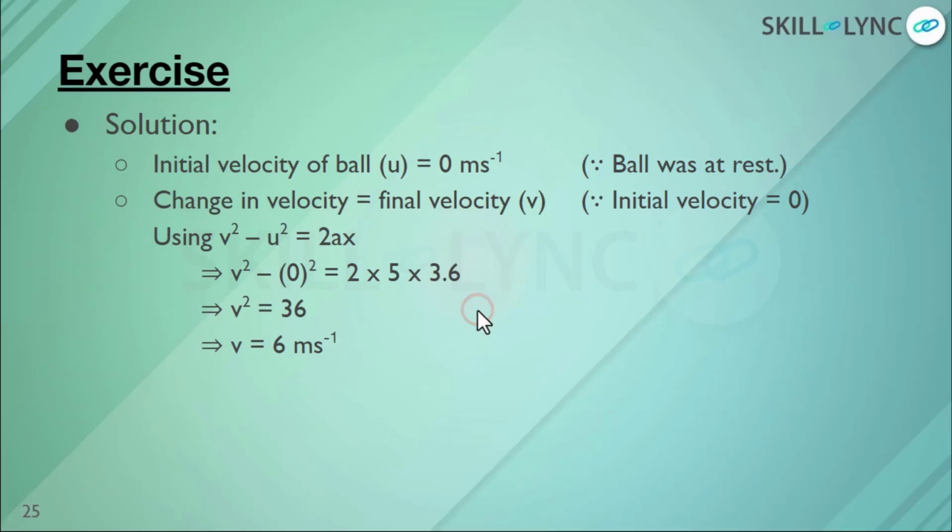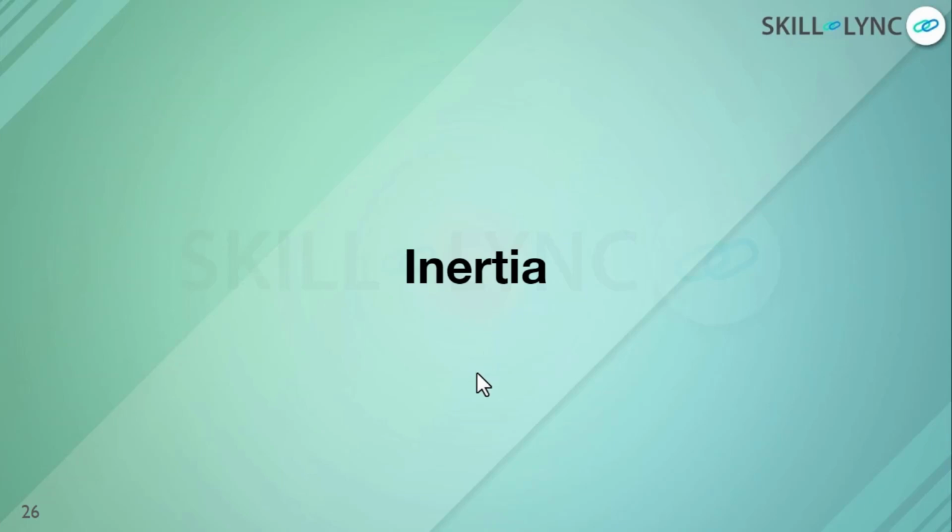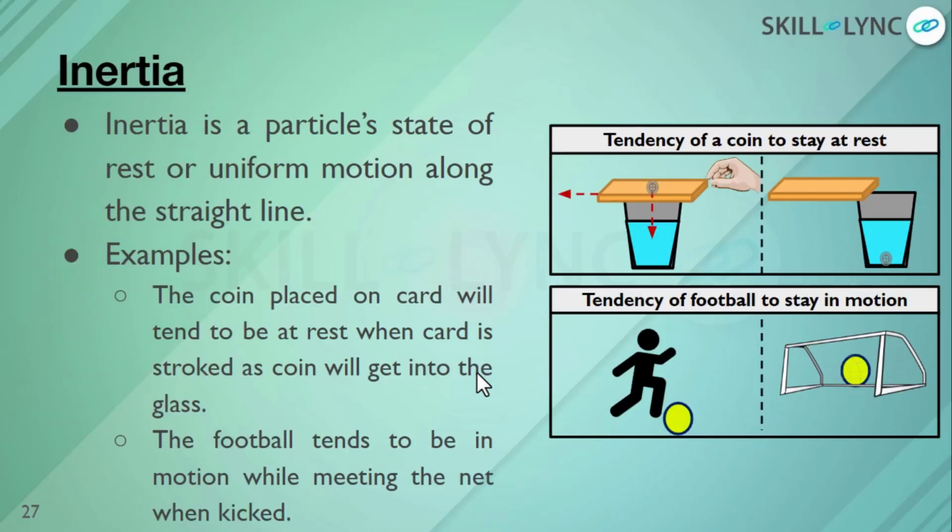The next thing we are going to study here today is inertia. What is inertia? Inertia is a particle's state of rest or uniform motion along a straight line. We can try to understand this by using examples.